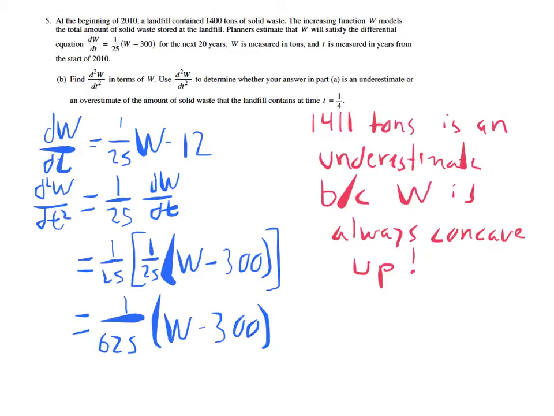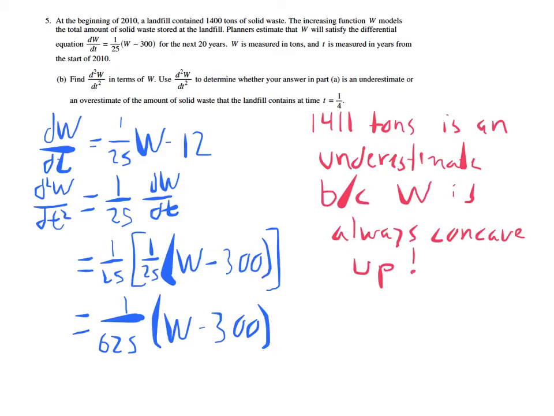And again, we know that it's always concave up because they tell us it's an increasing function. And as W goes from 1,400 and keeps getting bigger, this is always going to be a positive difference. So a positive times a positive will give me a positive, and thus I have a concave up function when the second derivative is positive.